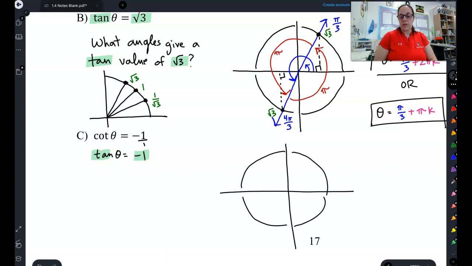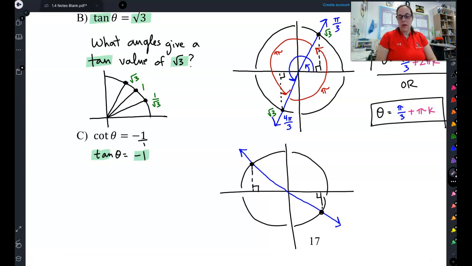So here's my unit circle. I know from All Students Take Calculus that tangent is negative in this quadrant and in this quadrant, in 2 and 4. And I know it's going to be halfway between those two quadrants because that's the one that gives me 1 halfway between them. So I just need to figure out what these angles are.